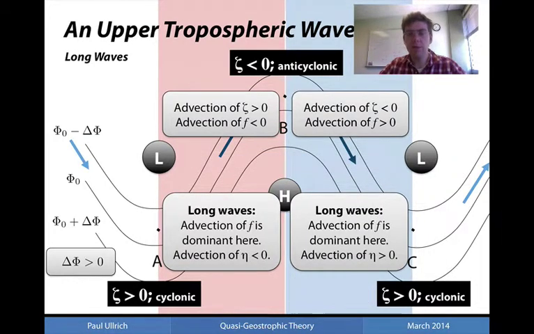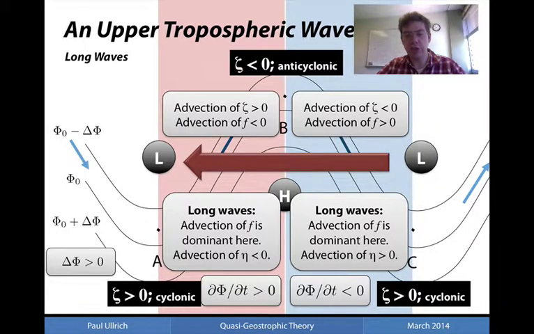For long waves, we have the opposite, namely there's negative advection of absolute vorticity in the red region and positive advection of absolute vorticity in the blue region. From the standpoint of the geopotential tendency equation, this then indicates that in the red region, you're going to have increasing geopotential, and in the blue region, you're going to have decreasing geopotential.